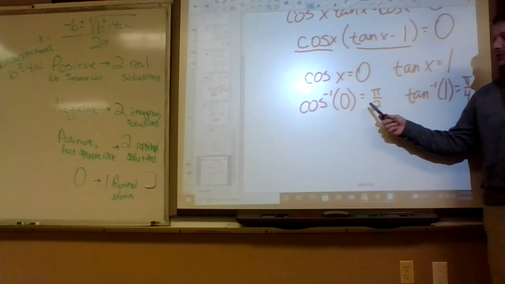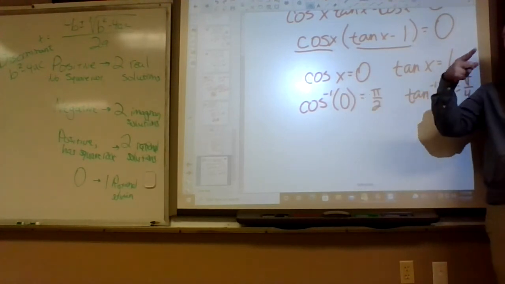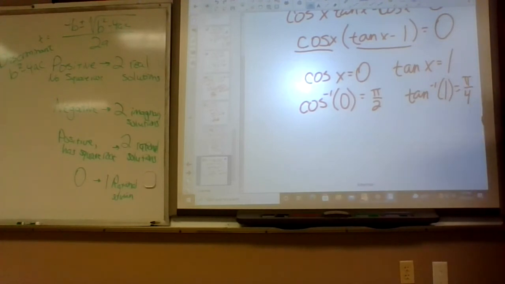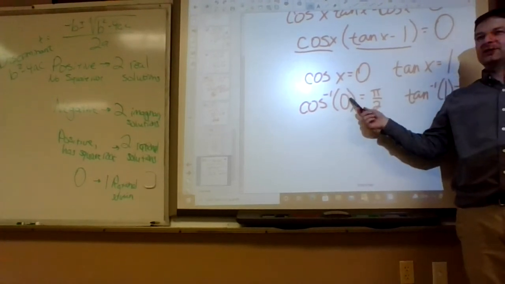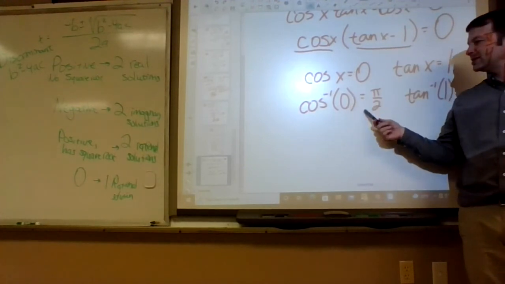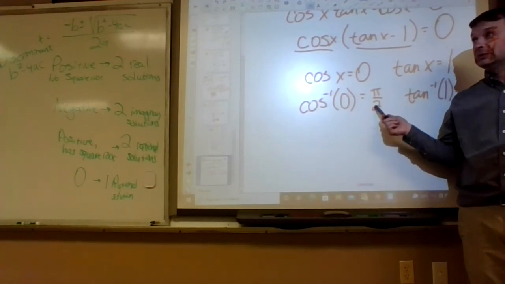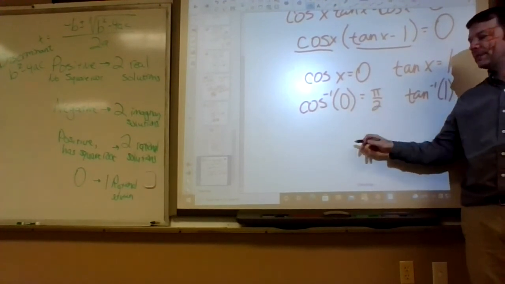Alright, where else is cosine equal to 0? We're going from 0 to 2 pi, 0 to 360. Cosine is based on the x value, so where else is x equal to 0 besides pi over 2? 3 pi over 2 is right.